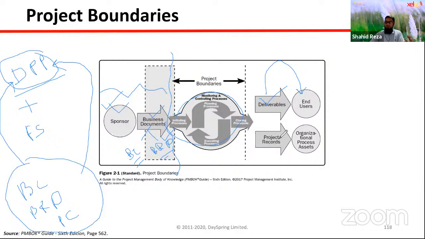And we are updating the project records, because from every project we get a lot of lessons learned, new files, new documents, a lot of new things. So that will update our organizational knowledge base. This is known as organizational process assets. After doing a project, we get a lot of project records that will update our organizational process assets. What is organizational process asset? I will discuss in the second chapter, chapter 2.